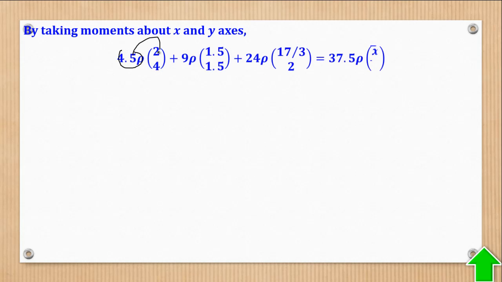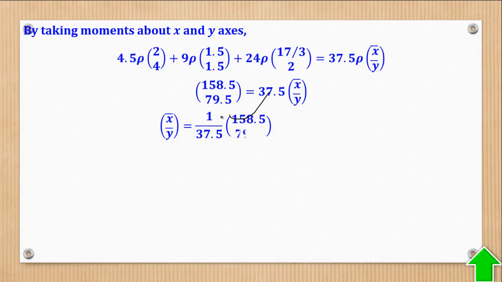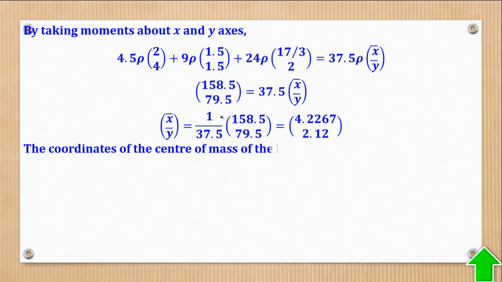So this will go with this, this will go with this, this will go with this, equal to this with this in vector form. So simplify, take this one this side, and that's what they wanted.